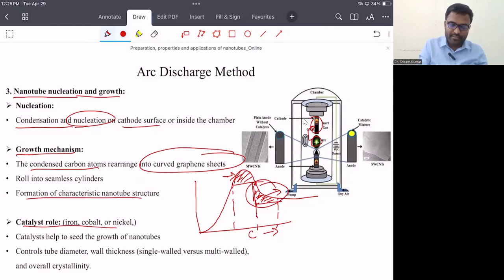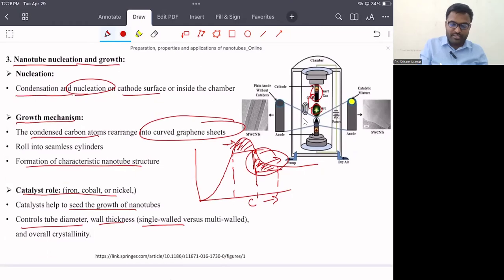Here the catalyst helps seed the growth of the carbon nanotube, and it also controls the diameter of the CNT and the wall thickness. The wall thickness depends on whether it is a single-wall CNT or a multi-wall CNT. At the same time, it also controls the crystallinity of the carbon nanotubes.